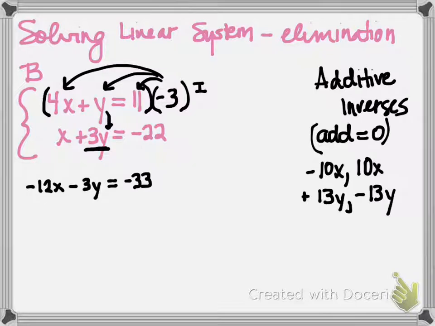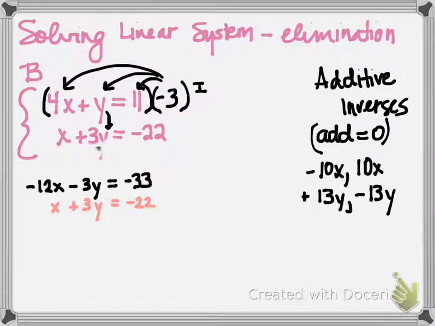All right, and now we're going to do a similar idea for the bottom equation. Oh, no, wait, do we even need to? What will happen if we just write down that other equation underneath here? Let's see what happens. If I just write x plus 3y equals negative 22, do we have additive inverses now?